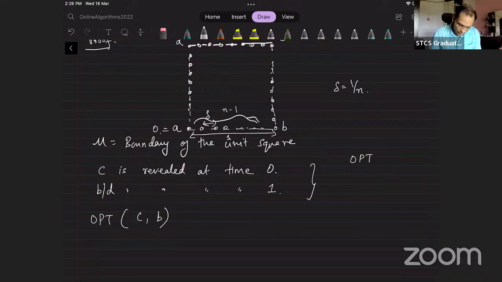C is revealed at time 0, B is revealed at time 1. Let's make it more precise: C comma 0 and B comma 1. Okay, so what will OPT do?